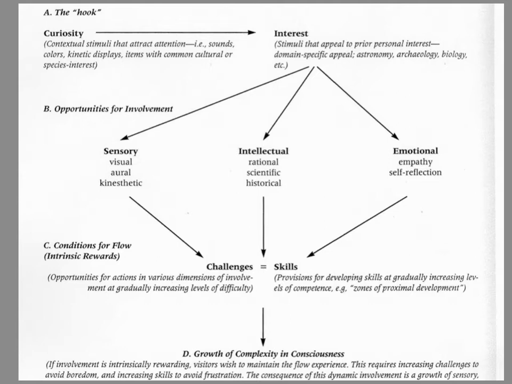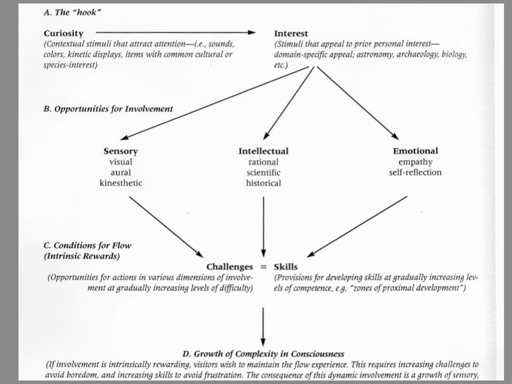And here he's breaking it into 3 categories: the sensory, intellectual, emotional, which is again just another set of ways of thinking about the ways people learn. And his term is opportunities for involvement, which is a really nice way of thinking about it. You provide all these different ways for people to be involved with the exhibition that gets them hooked.